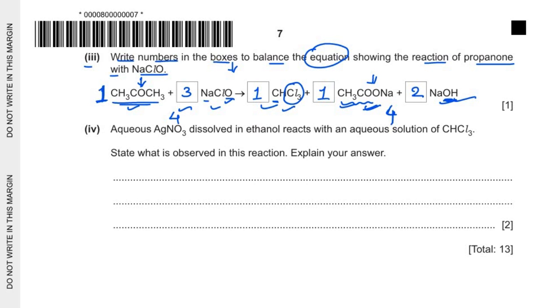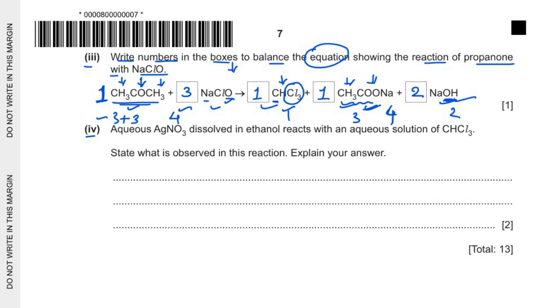Hydrogen is 2 on the product side, and there are 1 more hydrogen and 3 more hydrogen, so 1 plus 3 plus 2, a total of 6 hydrogen on the product side, and here also we have 3 plus 3, 6 hydrogen on the reactant side. So hydrogen is also balanced. So the reaction is balanced now, that is 1, 3, 1, 1 and 2.